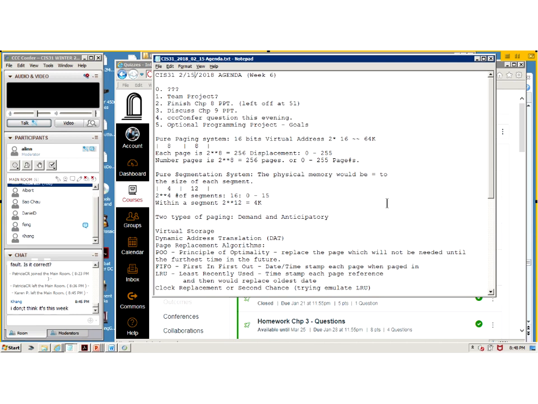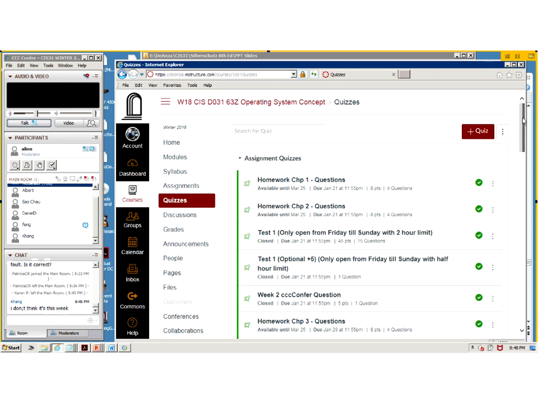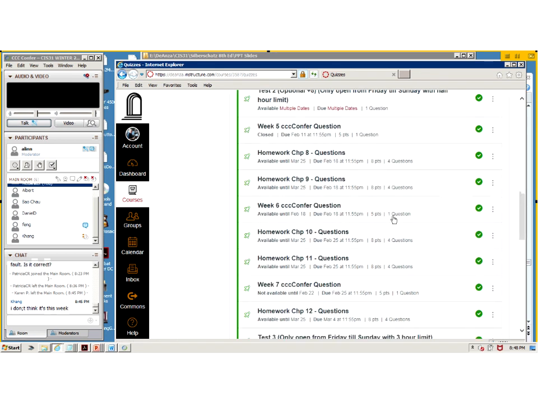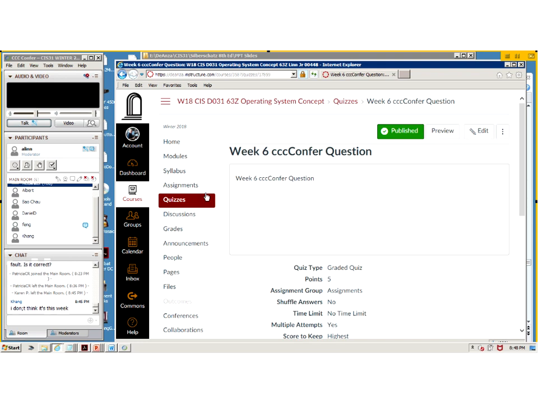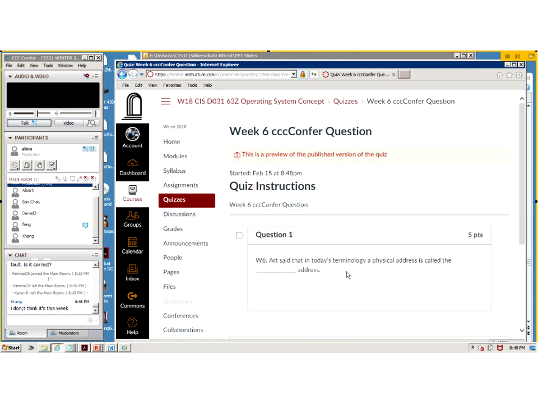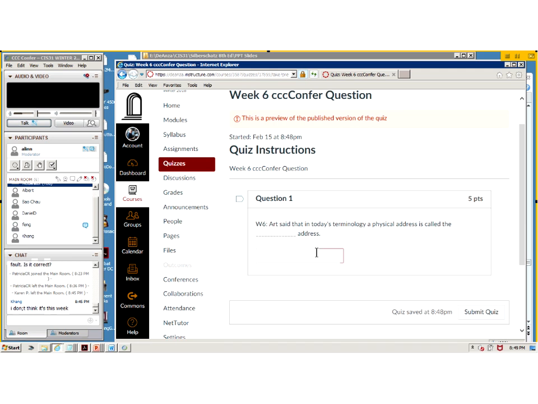And that word was used back in the 1980s, 90s. I don't see that word being used today, but I put it on the quiz. So you'd have to see this question and review the session in order to get the answer. So Art said that in today's terminology, a physical address, actually it should say yesterday's terminology. Not so much today as it was yesteryear.